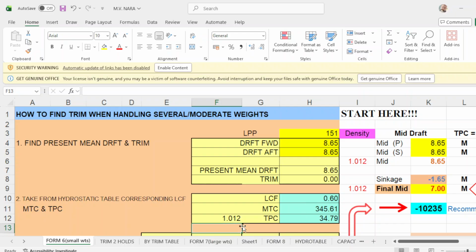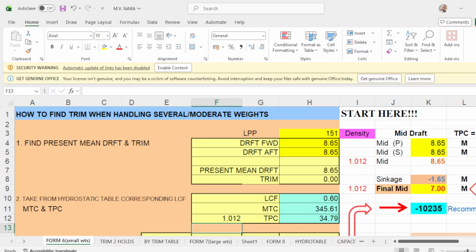So this TPC is in agreement that this TPC is floating in a density 1.012 because your draft is floating in a density of 1.012, which is your mid.